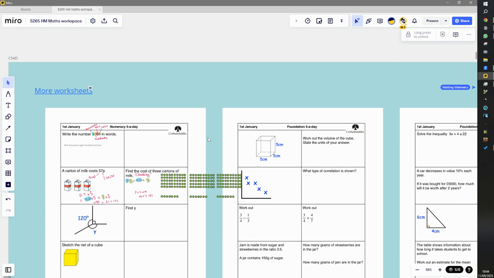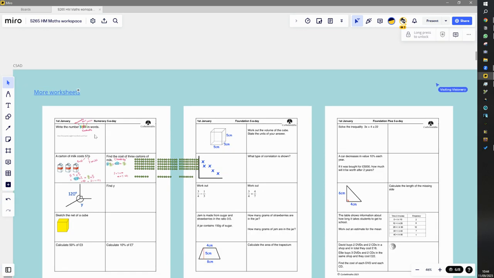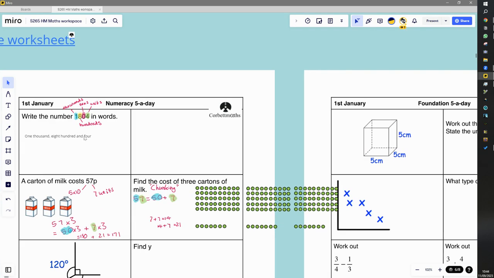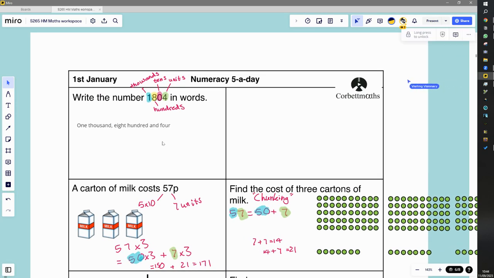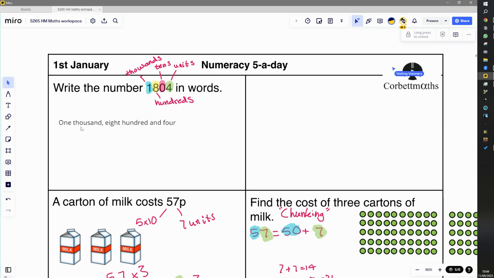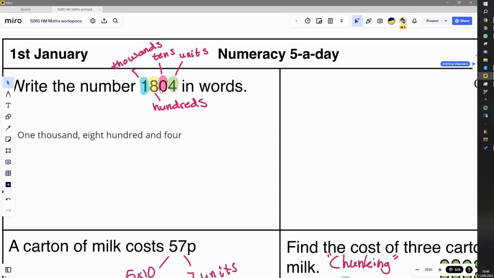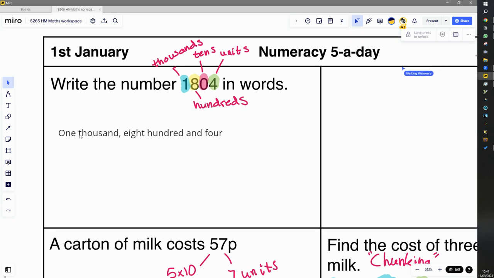So the first video we went on about chunking, and as it happened, the first two questions of this worksheet, we were able to use those methods. So with the first one, we had to write the number down. And now we understand how these numbers work, we can use that to just write it. We can see, well, that's just how the numbers are written, right?